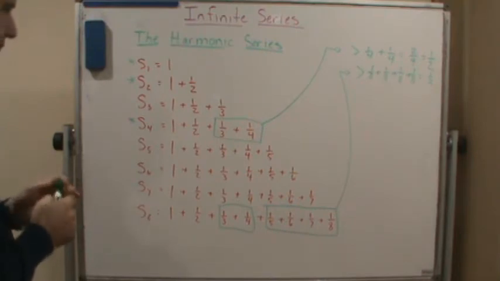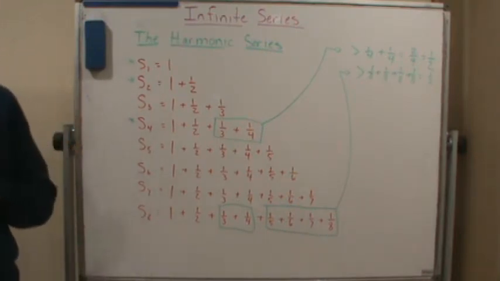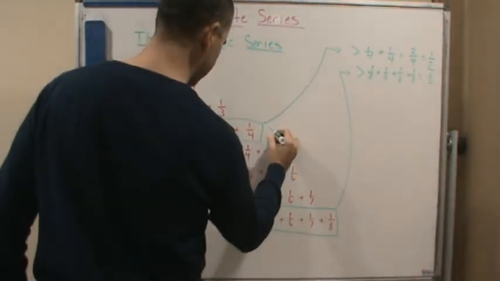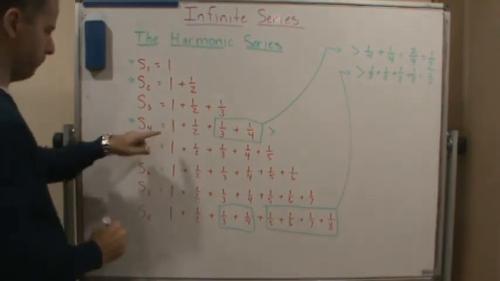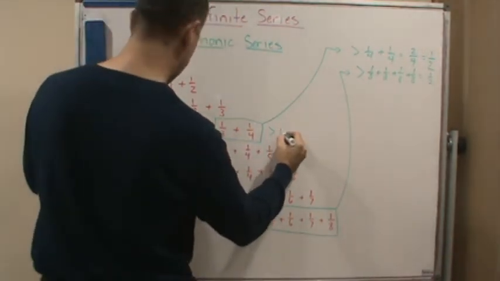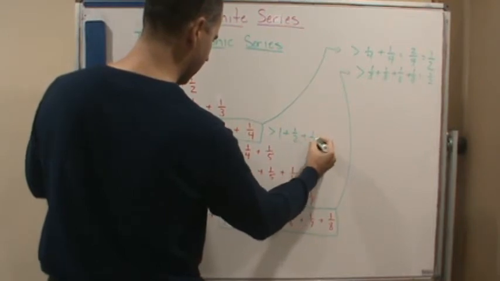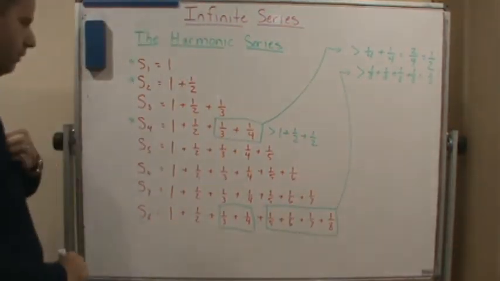Okay, so what does that tell us? This here we can rewrite as bigger than 1 plus a half plus a half.